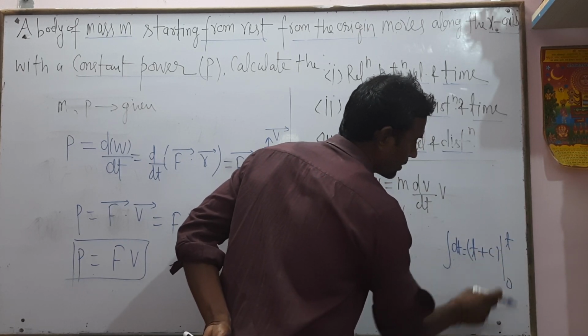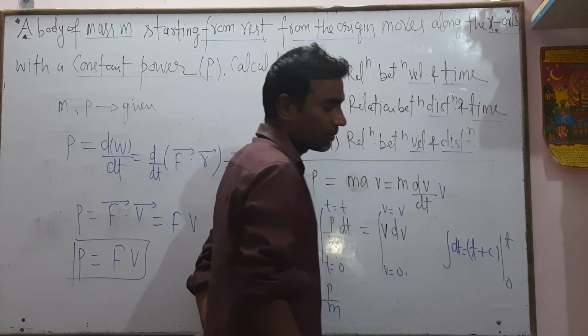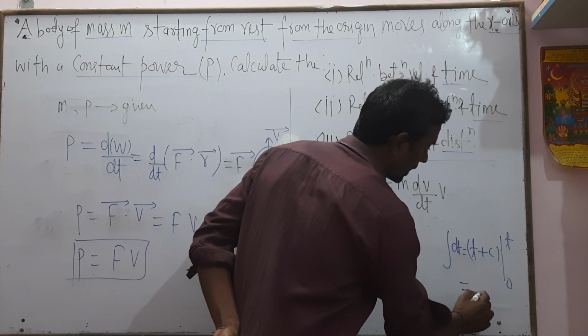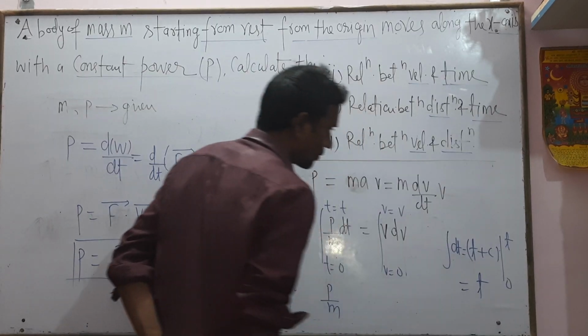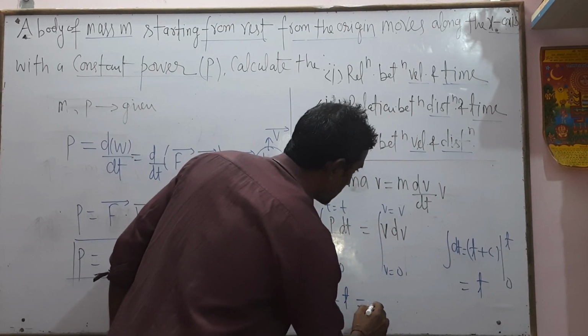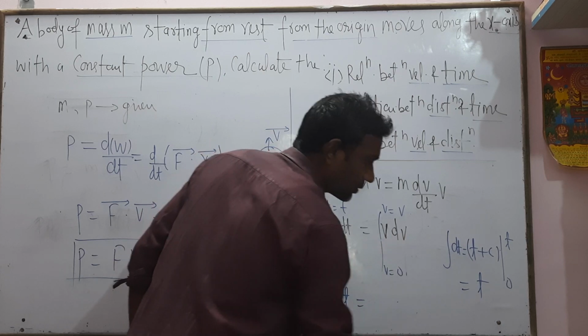So t plus c minus 0 plus c equals t. So this side equals P by m into t, equal to the integral of v into dv.